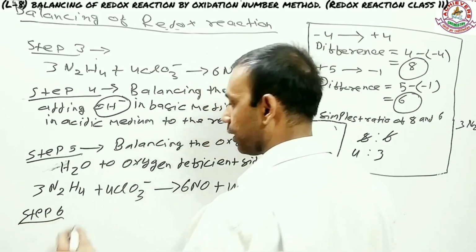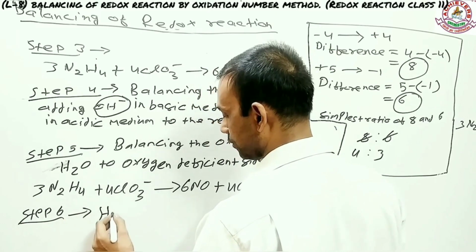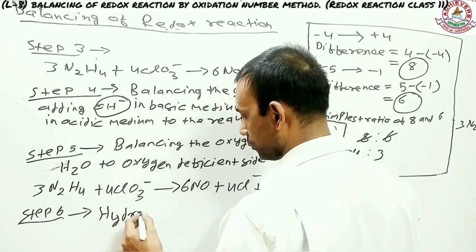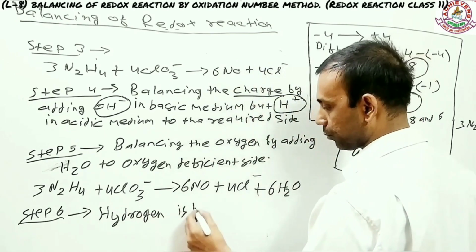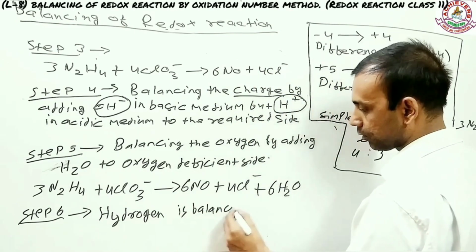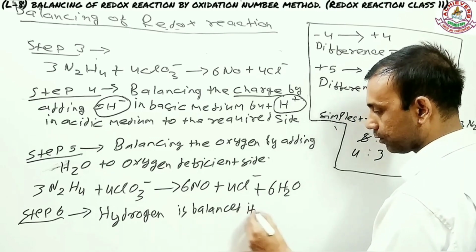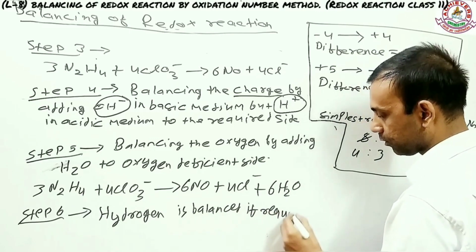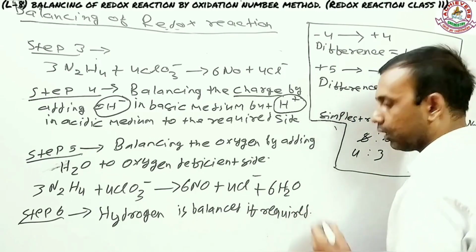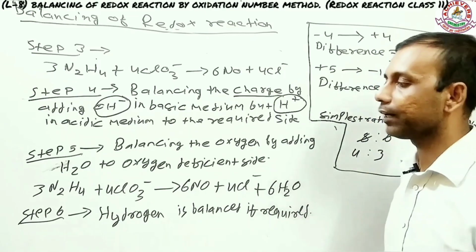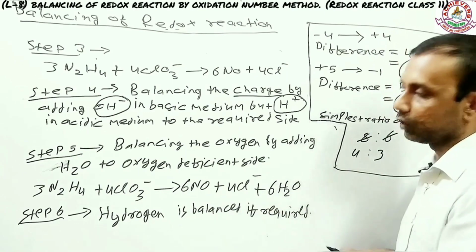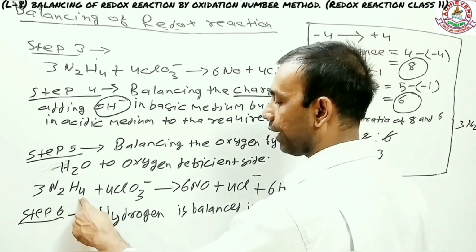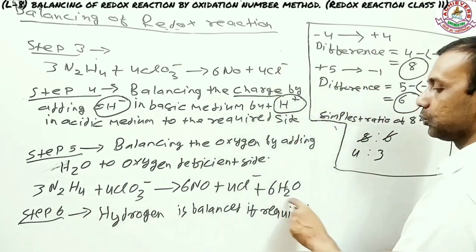And in step 6, hydrogen is balanced if required. Like I said in the previous video, hydrogen in most cases itself gets balanced. So let's check if it's required or not. 3 4s are 12 hydrogen and 6 2s are 12 hydrogen.